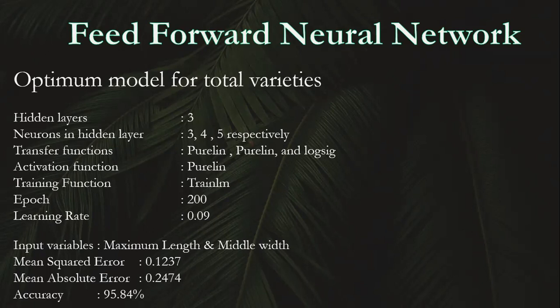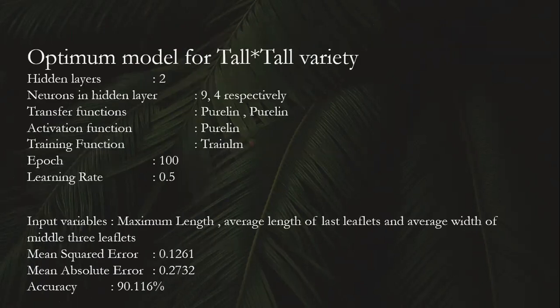It has high accuracy and low error. Input variables for the tall variety model are maximum length, average length of last leaflets, and average width of middle three leaflets. It also has high accuracy and low error.